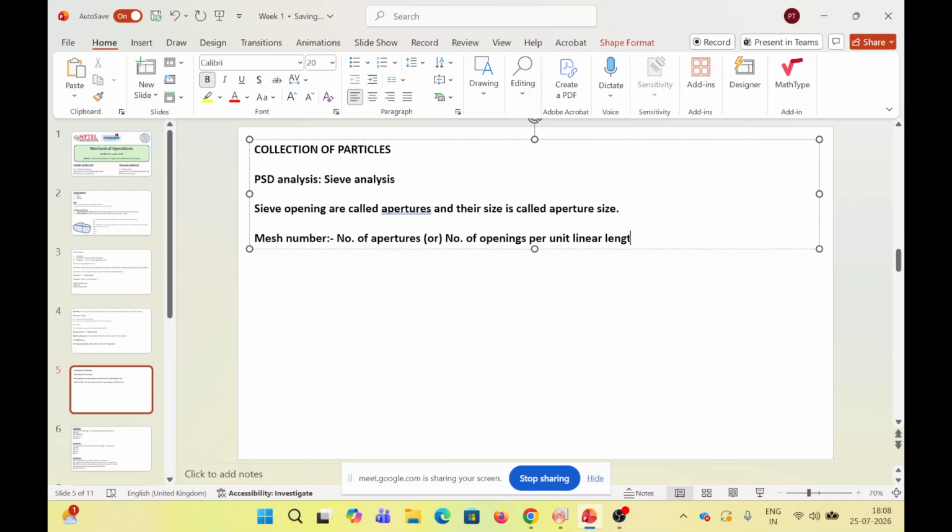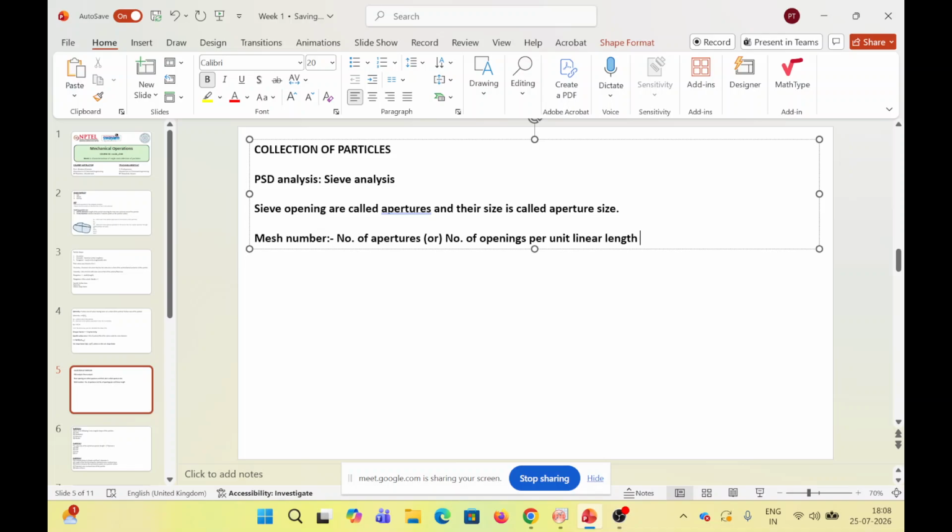So in a linear scale, if you are going to have 20 openings, the mesh number is going to be 1 by 20. In 1 centimeter of linear length, if you are going to have 20 openings, 1 by 20 is going to be the mesh number.